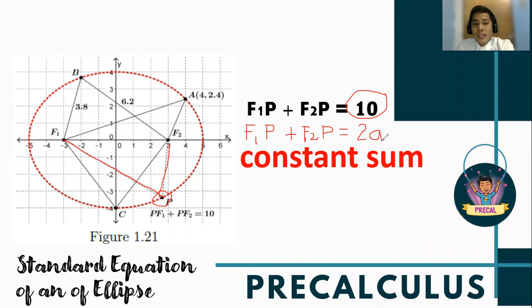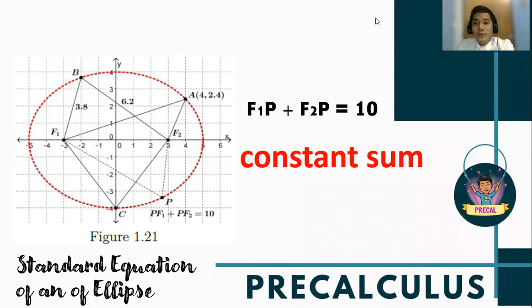And what is 2a? Since the a distance is from the center to a vertex, 2a will be the same distance on this side, so this is also a. Remember that 2a is the length of the major axis.